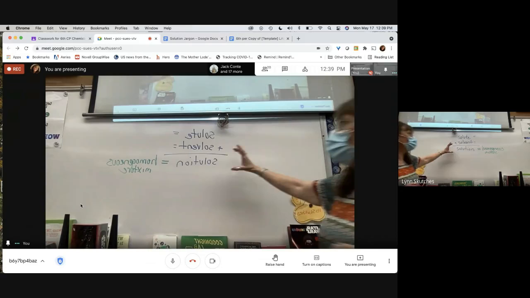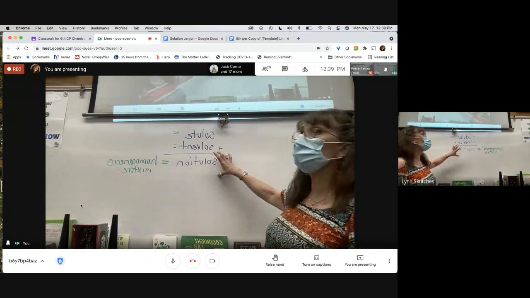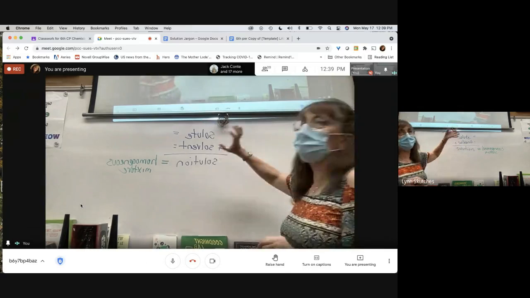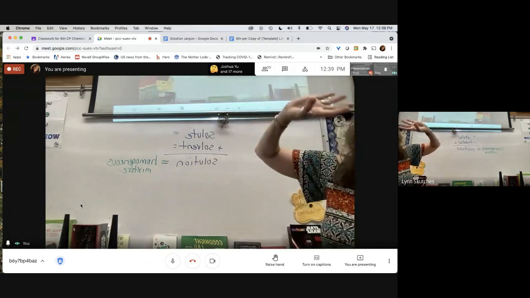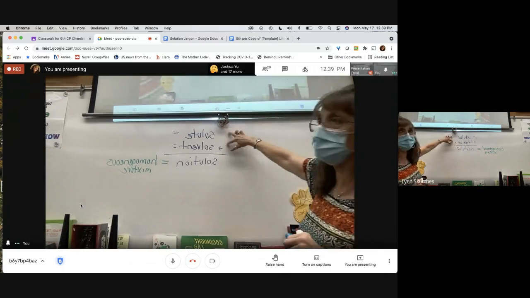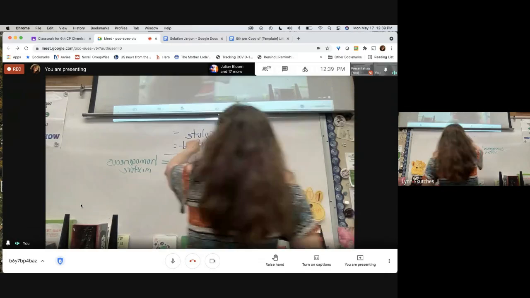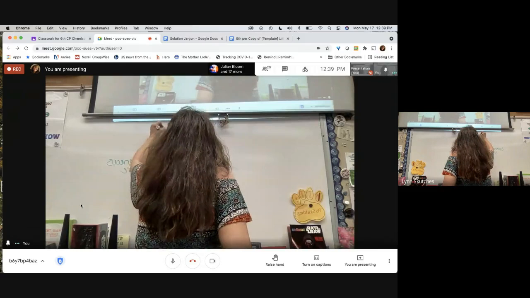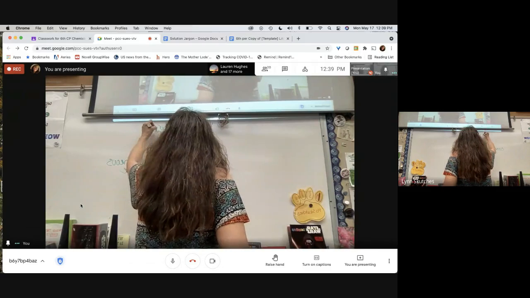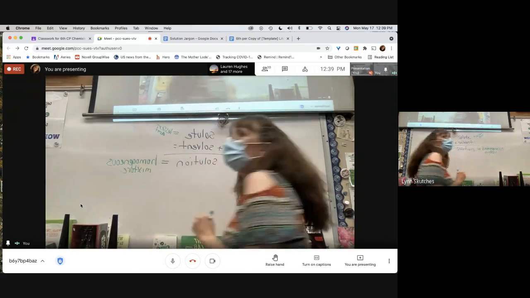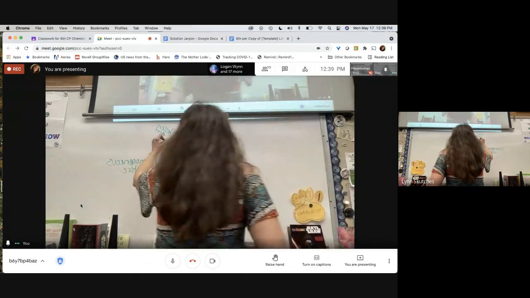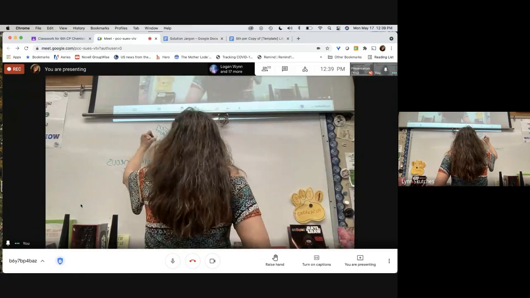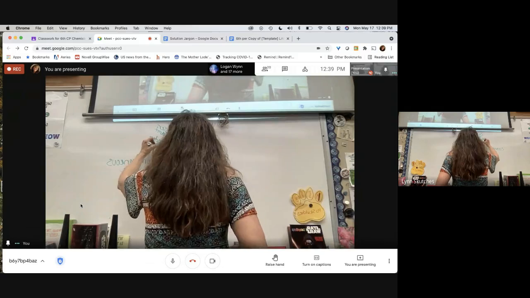The total solution is composed of 2, sometimes more than 2, but we're just working with the simplest, 2 parts. One part is called the solute, and this is the lesser amount part. I'll hopefully explain that here. And then solvent is the greater amount.